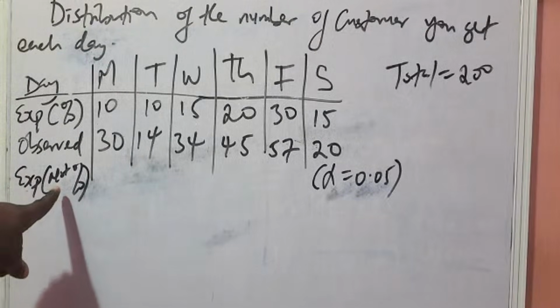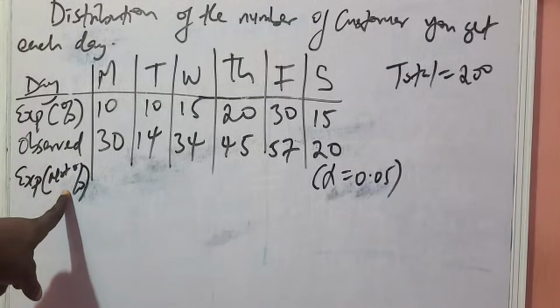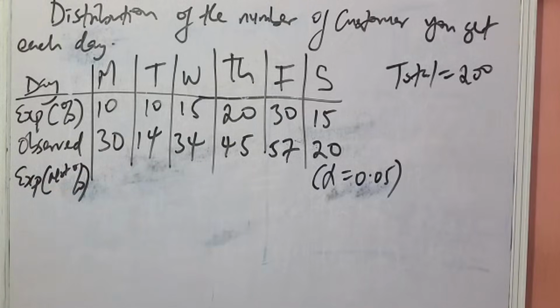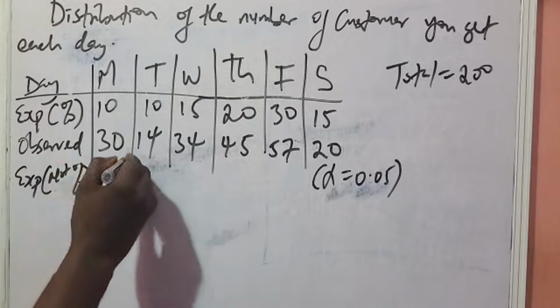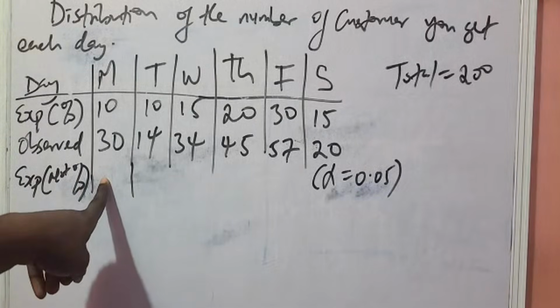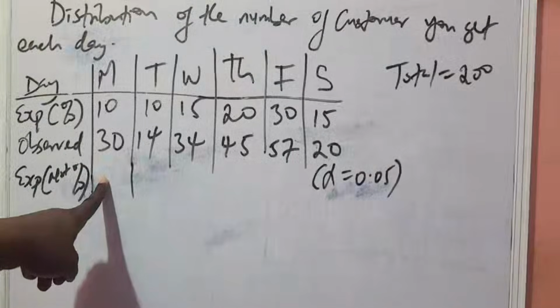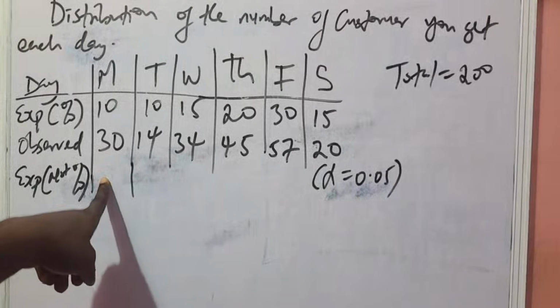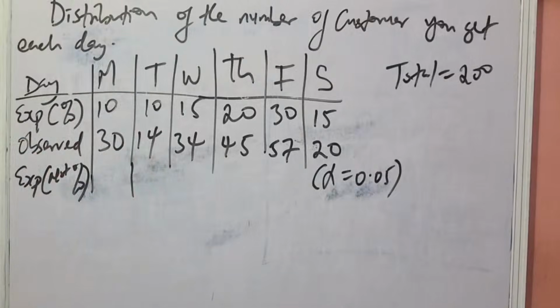The actual value is what I'm supposed to say here. She expected 10% on Monday, so what was the actual value she was expecting based on 10%? If she had 200 people in the week, what did she expect? 20. Thank you very much.